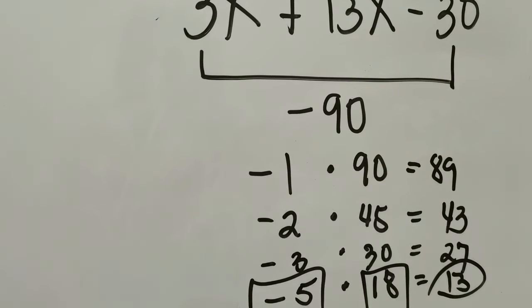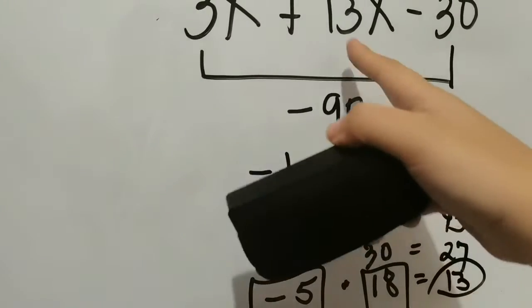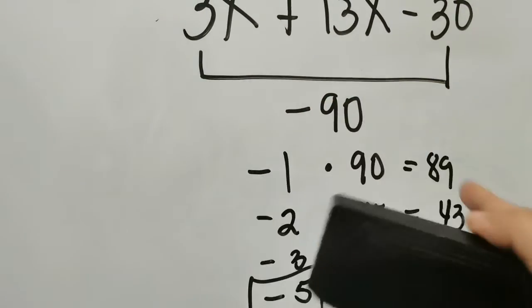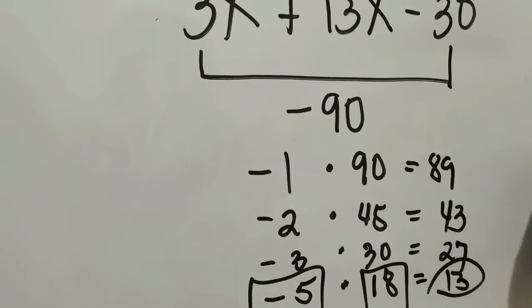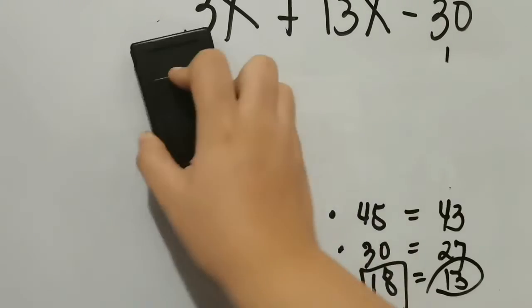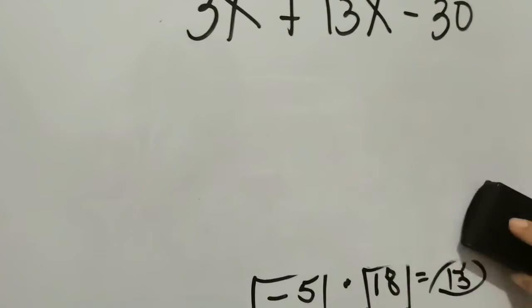So, clear muna natin yung ating board. Ang gagamitin natin is, tandaan natin negative 5 and 18 kasi equal siya doon sa second term, which is 13. Negative 5 plus 18, that is 13. So, burahin natin siya.